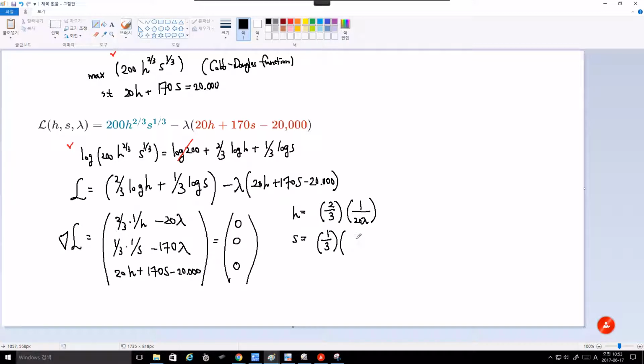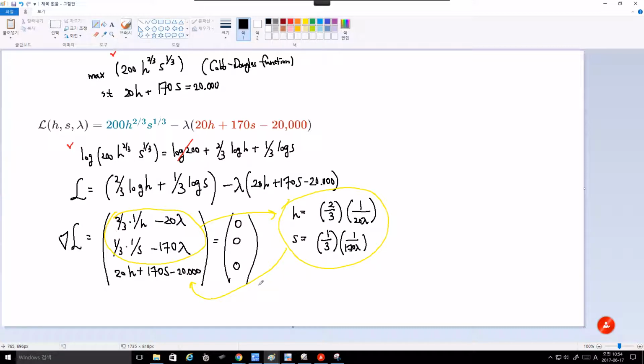Let me delete. S is 1/170 lambda, right? Now we plug these two into our budget constraint, and then we solve it.